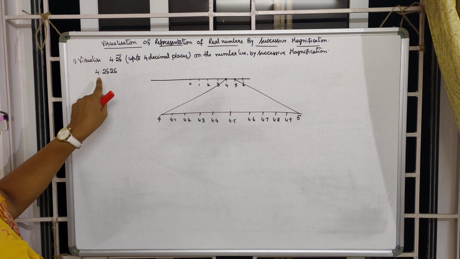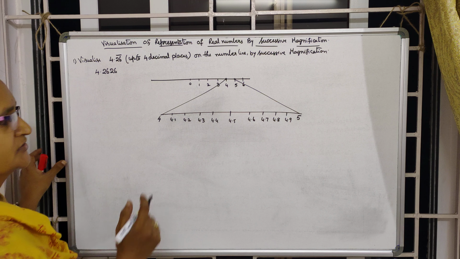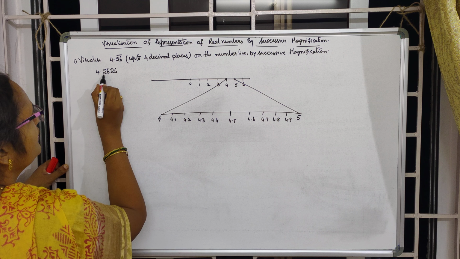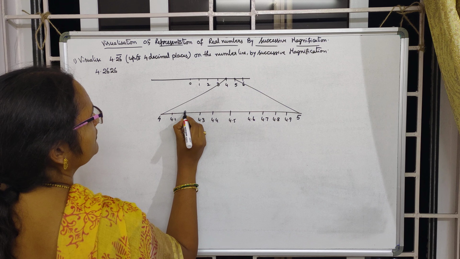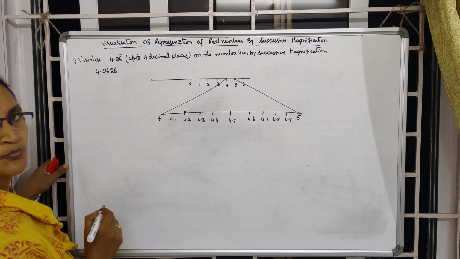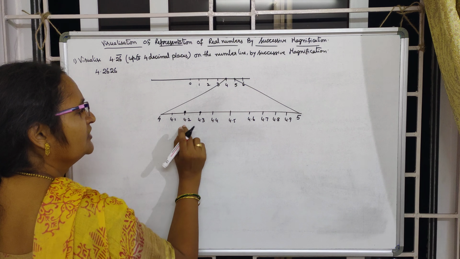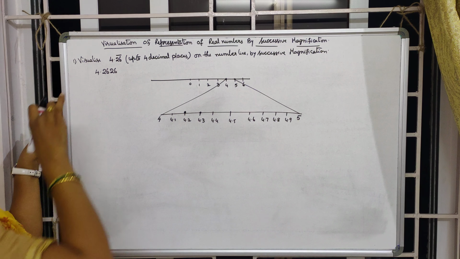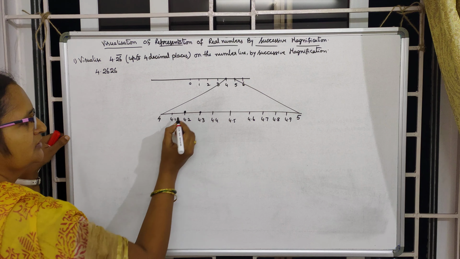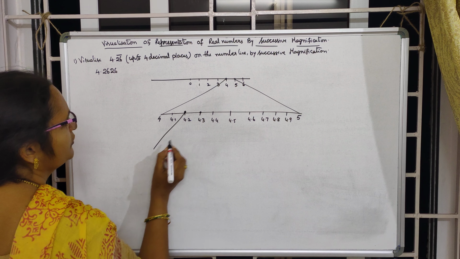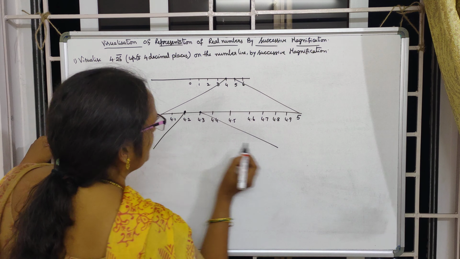Right? Now this number lies between which two numbers? Obviously 4.26 lies between 4.2 and 4.3. Again, in between these two numbers, where exactly 4.26 will exist we have to find out using magnification.